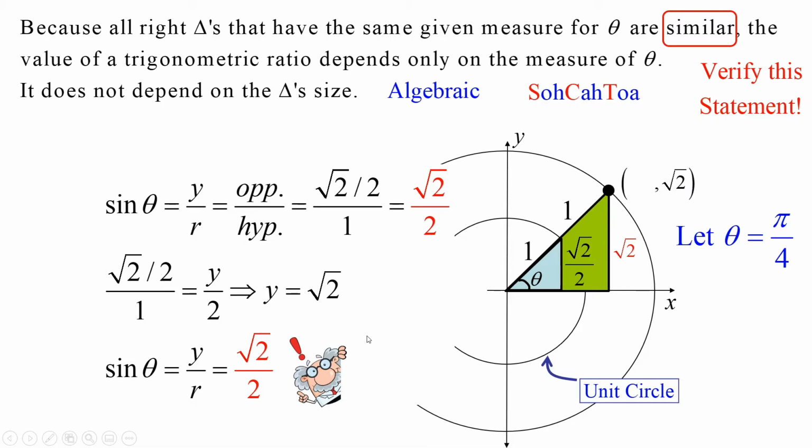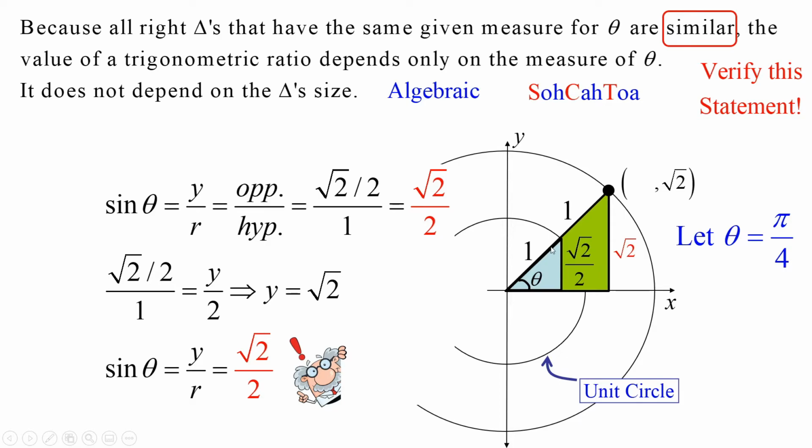Okay, by the way, let's label some points right here. Okay, we already know the y coordinate of this point right here is root 2. What do you think the x coordinate might be right there? Take a conjecture. All right, and look at this triangle right here. Doesn't this look like a 45, 45, 90 degree triangle, which has the ratio 1 to 1 to root 2?